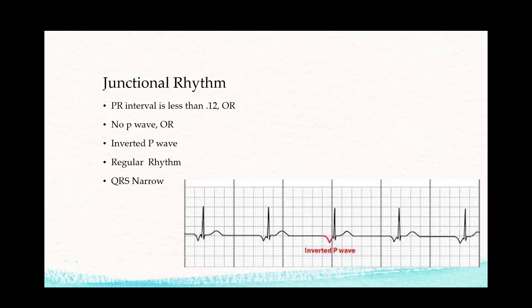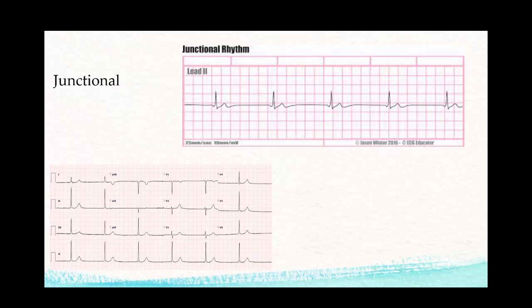Junctional rhythms like to be extremely regular, and they also have narrow QRSs because remember, it is coming from above the ventricles. When it's coming from the ventricles is when we get very wide QRSs. Here are other examples of a junctional rhythm. So with that, remember we have three criteria for it to be a junctional rhythm.